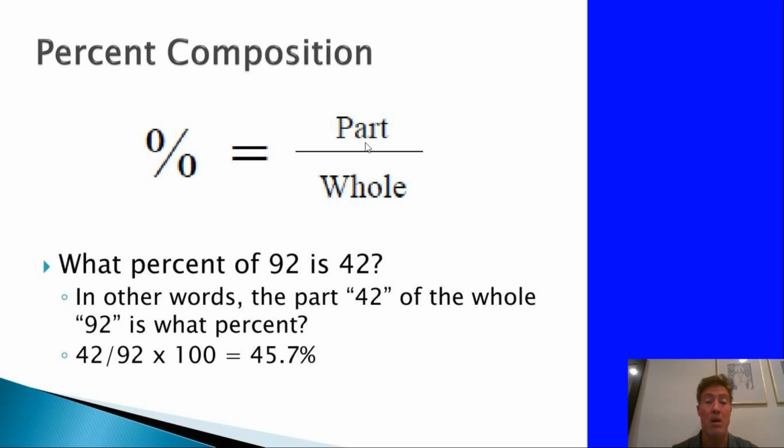We would put the part over the whole and then multiply it times 100 to give us a percent. So if we put 42 over 92, it would give us 0.457. Multiplied by 100, it's 45.7%.